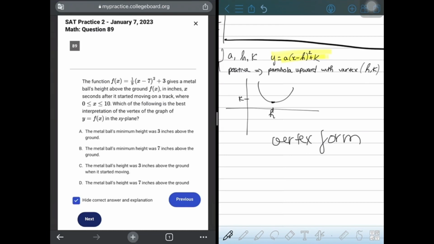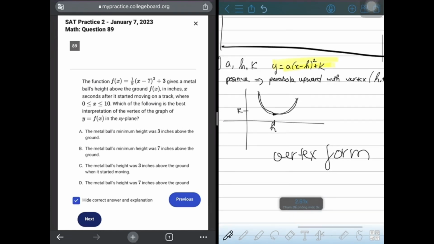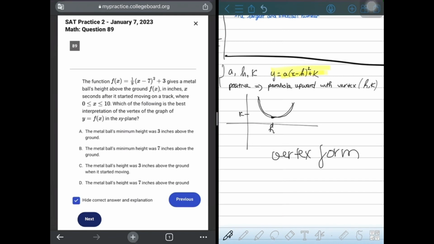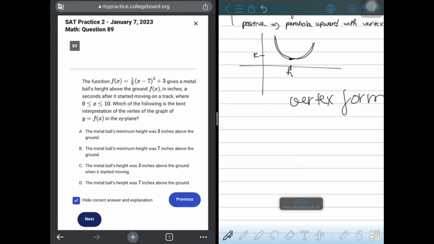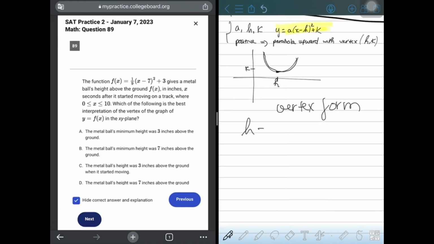So here I already drew the parabola upward, with the vertex h here and k here. Now how about our question? We have h equals 7 and k equals 3 according to the formula, and our parabola is still upward. So h equals 7 is here and 3 is here. They ask about the vertex, so the vertex is here and it has the value of 3.